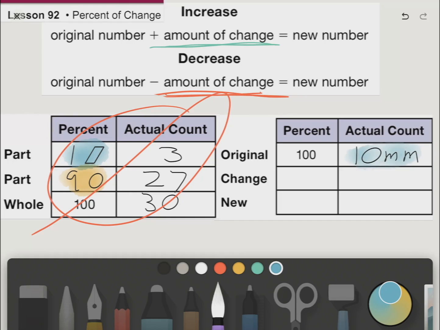And say we knew that there was a plus 50, a 50% increase in the amount of rain from last month. Well, something we already know is that the new percentage we're going to have after the change is 150% of the original.